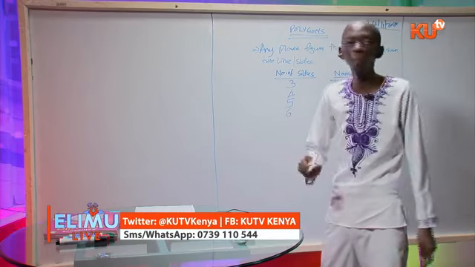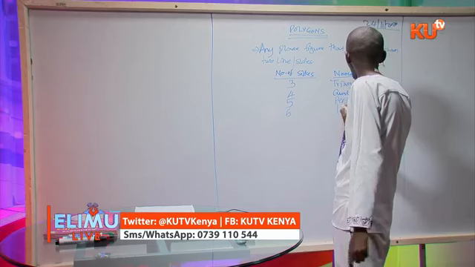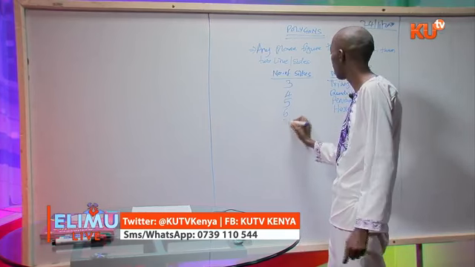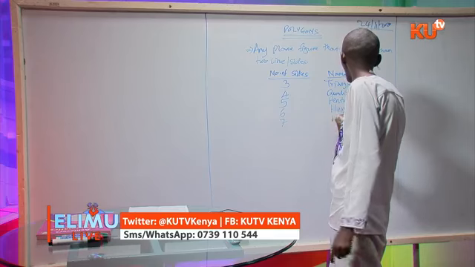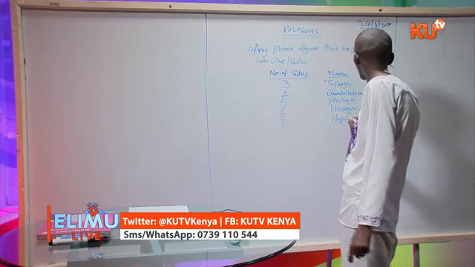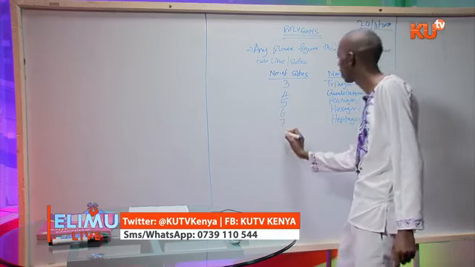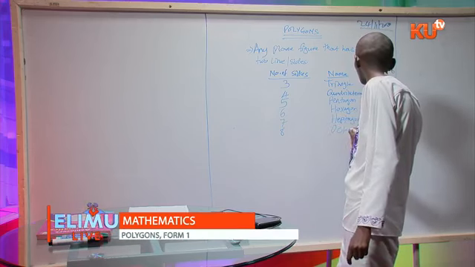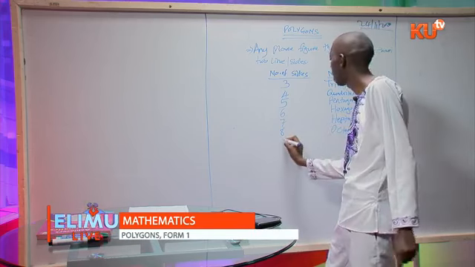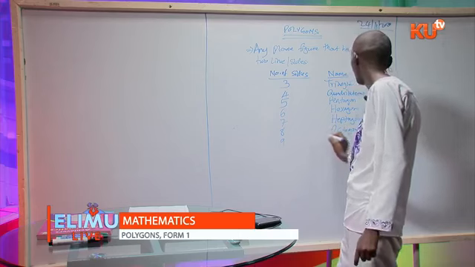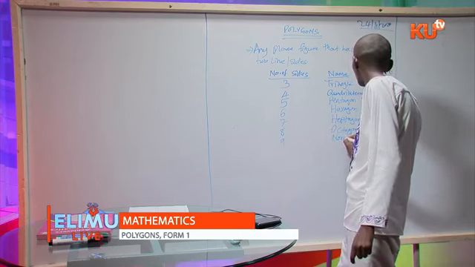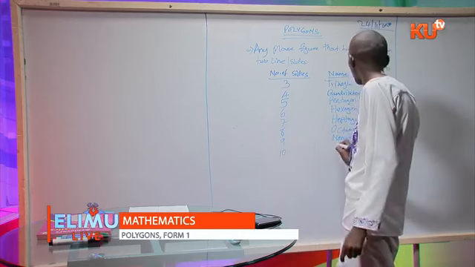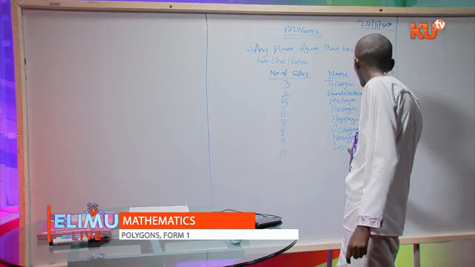A six-sided polygon is known as a hexagon. A seven-sided polygon is known as a heptagon. An eight-sided polygon is known as an octagon. A nine-sided polygon is known as a nonagon. A 10-sided polygon is known as a decagon.